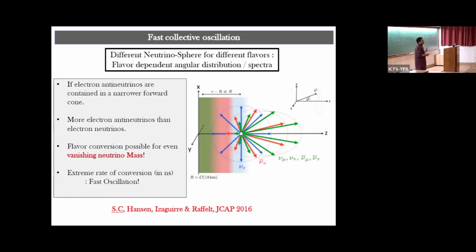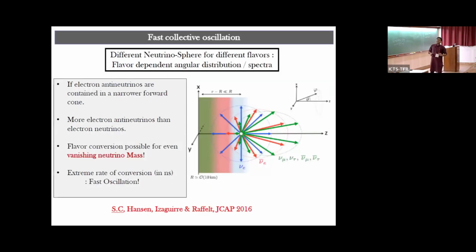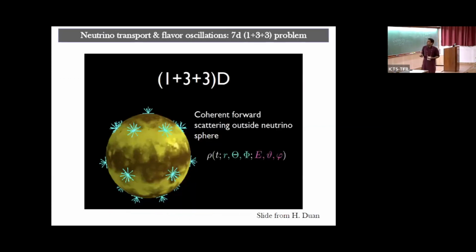As you have already understood how important the angular information is, the whole analysis until 2016 took the angular information for these different flavors to be exactly the same. But what happens if I put in this tiny difference in their angular information? That actually started this fast oscillation.